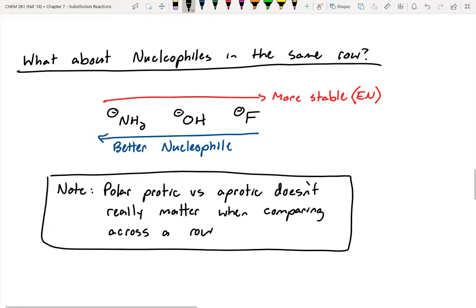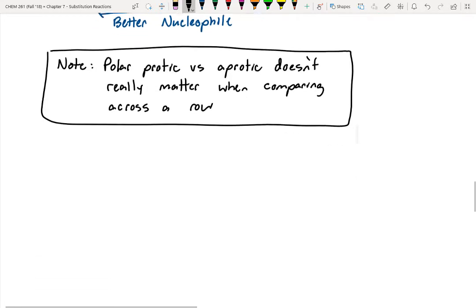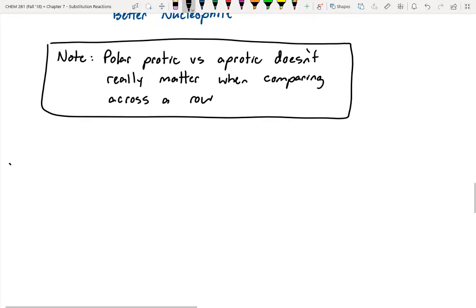Now we've hit our negatively charged nucleophiles going up and down a column, left and right across the row. However, sometimes we have nucleophiles that simply have no charge too. So let's consider some of those. What about neutral nucleophiles?